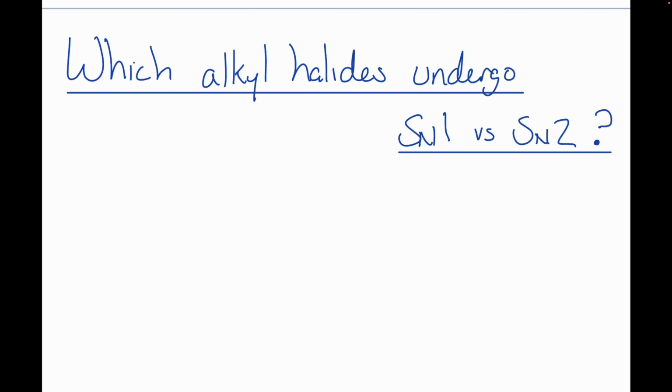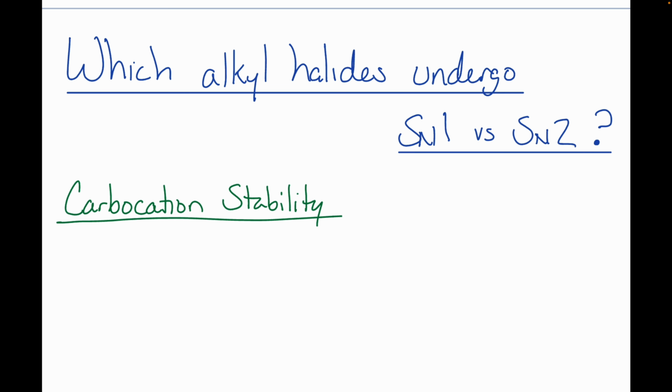The key difference between these two mechanisms is one of them has a carbocation intermediate, the other one doesn't. And we talked about carbocation stability. What makes a more stable carbocation? Tertiary is more stable than secondary, than primary. What we called our degree of substitution, right?